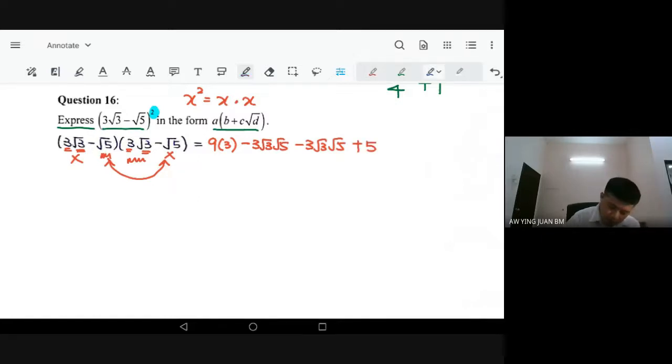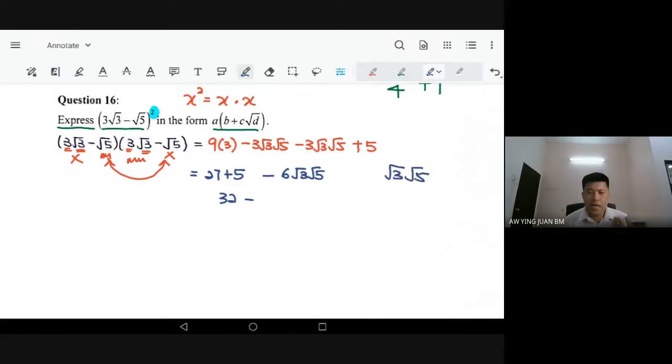Simplify. 27 plus with the 5 minus 6 square root of 3 square root of 5. 32 minus square root of 3 square root of 5. Sudah ringkas dah. Tak boleh nak ringkas dah.